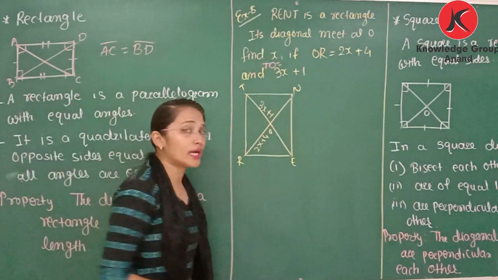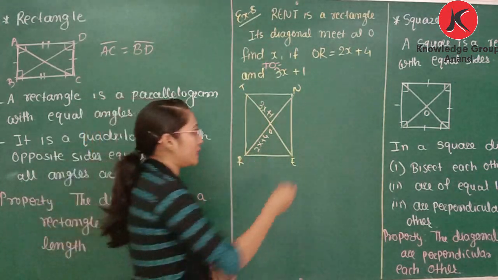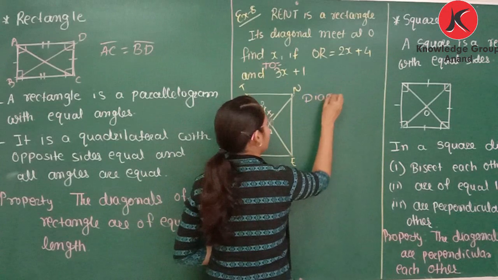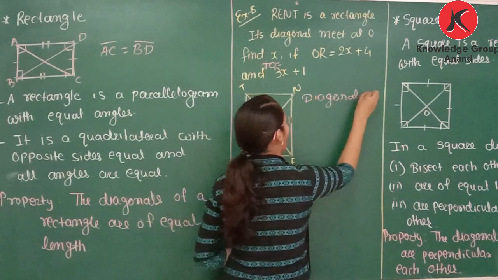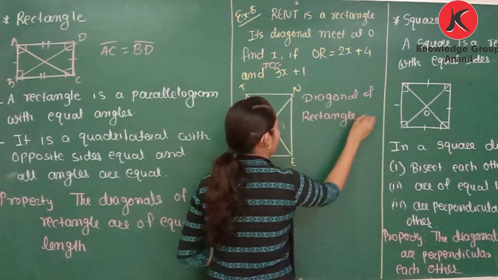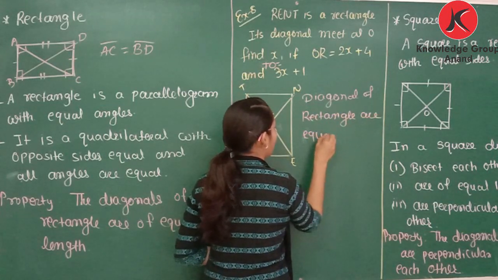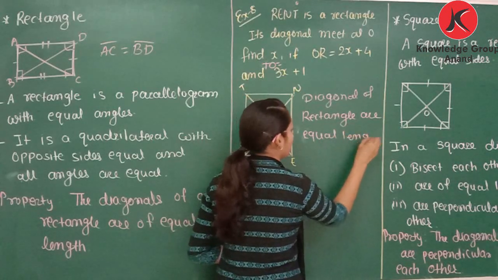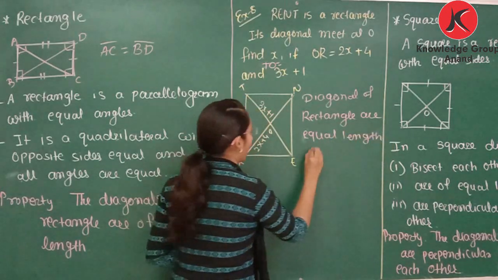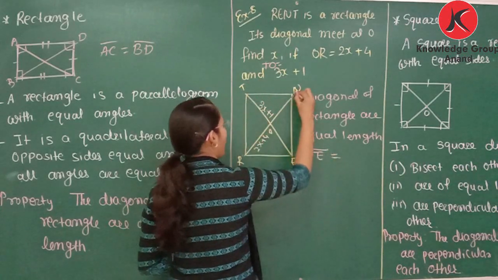Now we know that in a rectangle diagonals are of equal length. Diagonals of a rectangle are of equal length. Okay, so we can write TE is equal to RN.